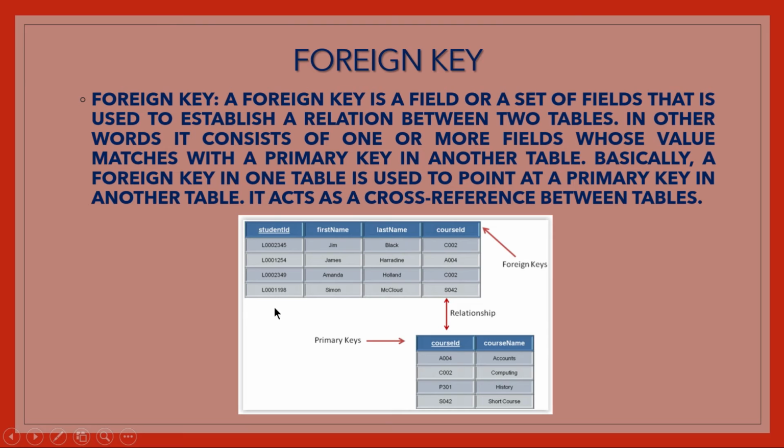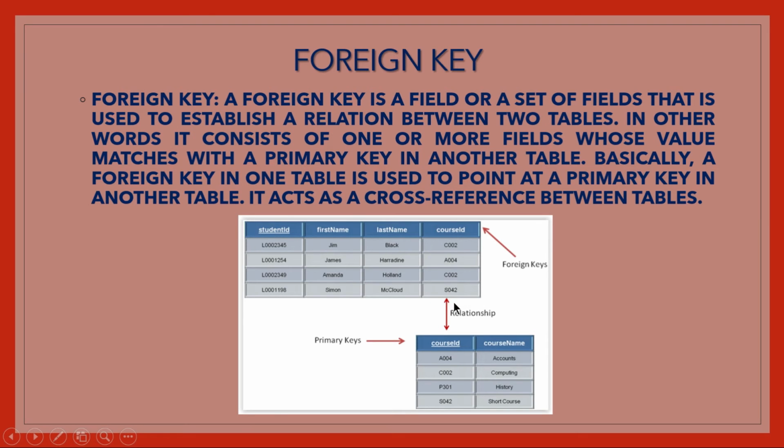So the insertion will not be possible in the child table unless you insert the particular course ID over here. You cannot do it that way with another course ID, say S042. Suppose you take L00011200, then the name John McCarthy, and the course ID, say S048.